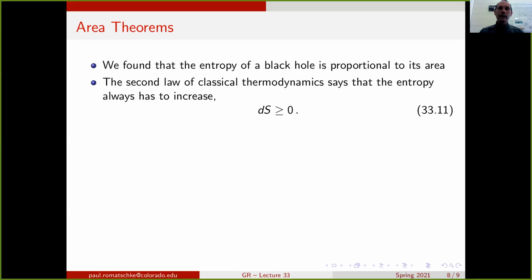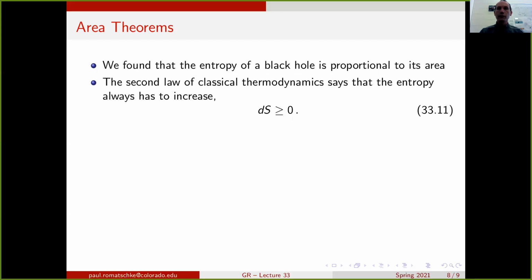So we find that the entropy of a black hole is proportional to its area. And we also know from classical thermodynamics that the entropy in any process has to monotonically increase. So that means that any change in the entropy has to be always bigger or equal to 0. So this involves non-equilibrium processes.